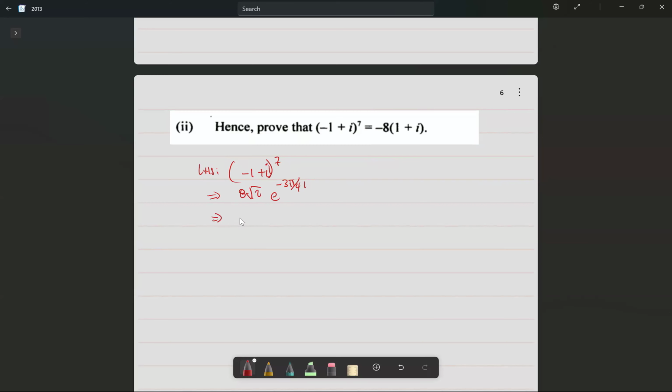So we're going to have 8 square root 2 cosine of negative 3 pi over 4 plus i sine negative 3 pi over 4.